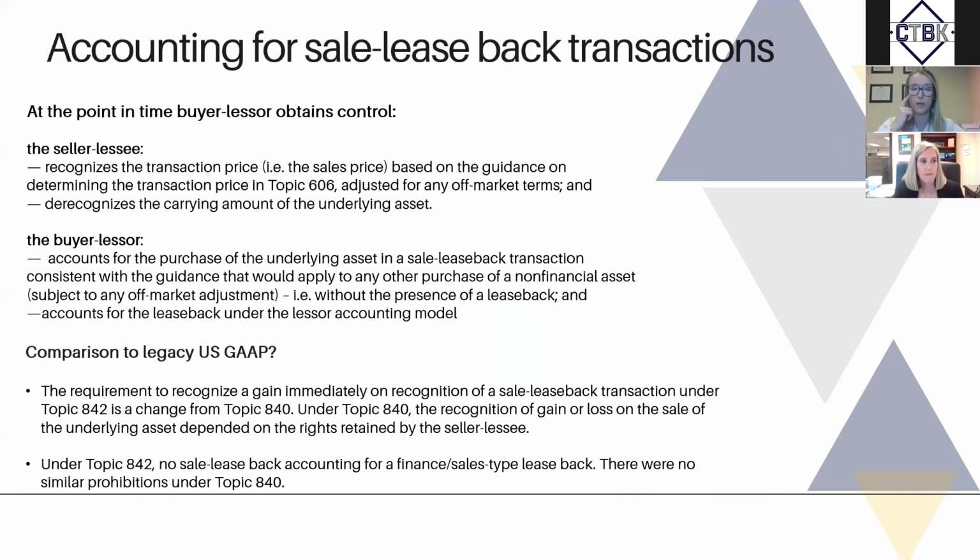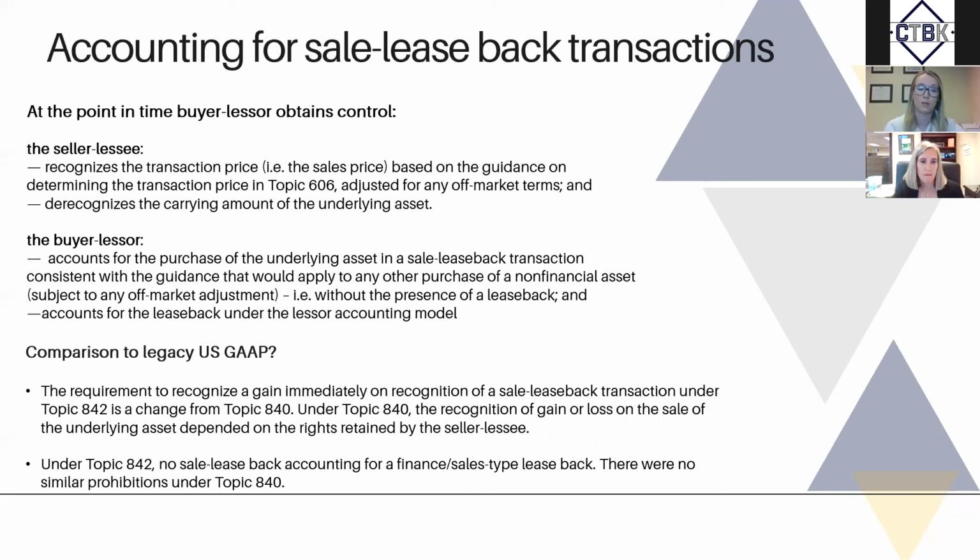At this point, they would recognize any gain if there was any. And then you're going to recognize the transaction price based on the guidance in 606. Whereas the buyer or lessor is going to account for the purchase of that asset as you would any other purchase of a non-financial asset. So you would just apply that guidance to your purchase.